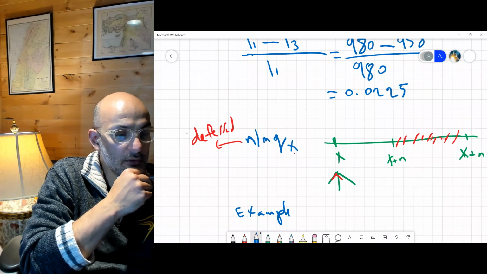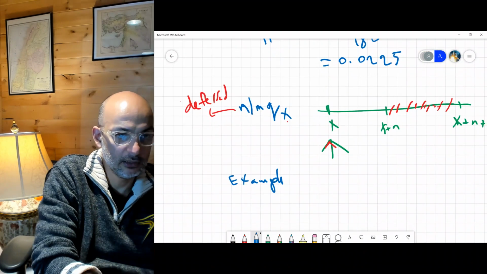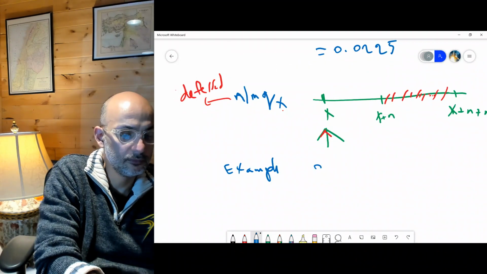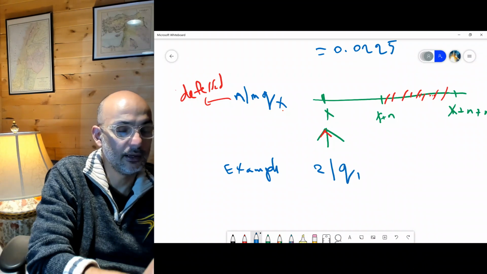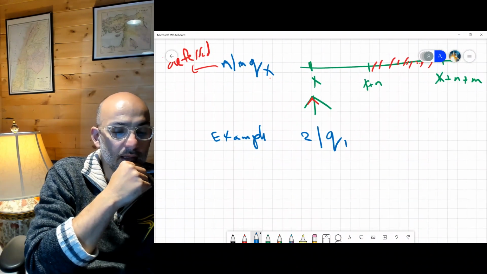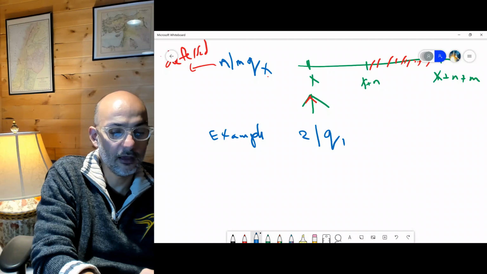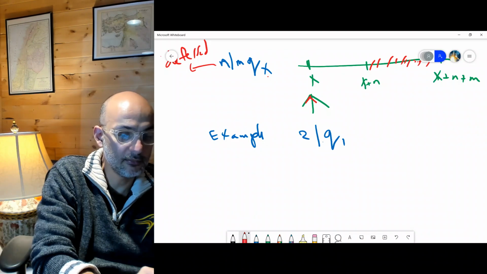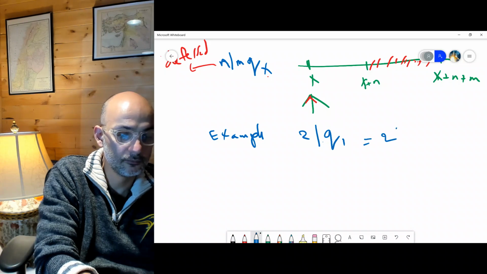Let's look at 2q1. Remember, if there is no m here, m is assumed to be 1. So this one is equal to 2|1q1.